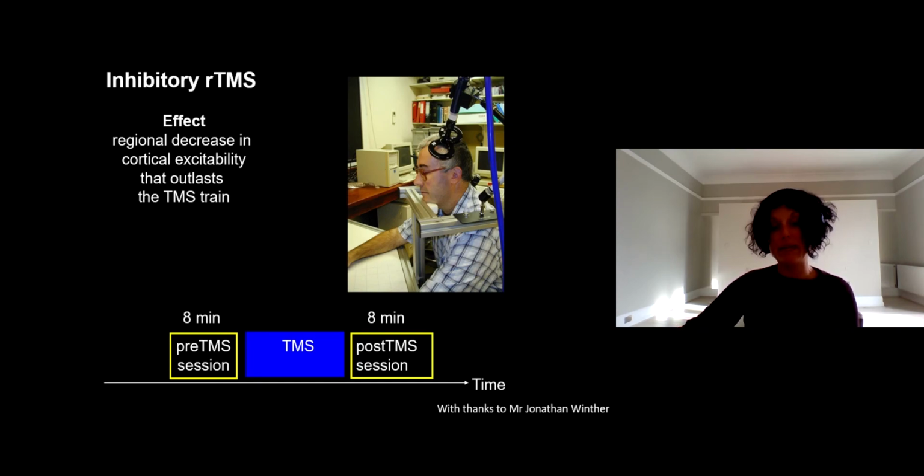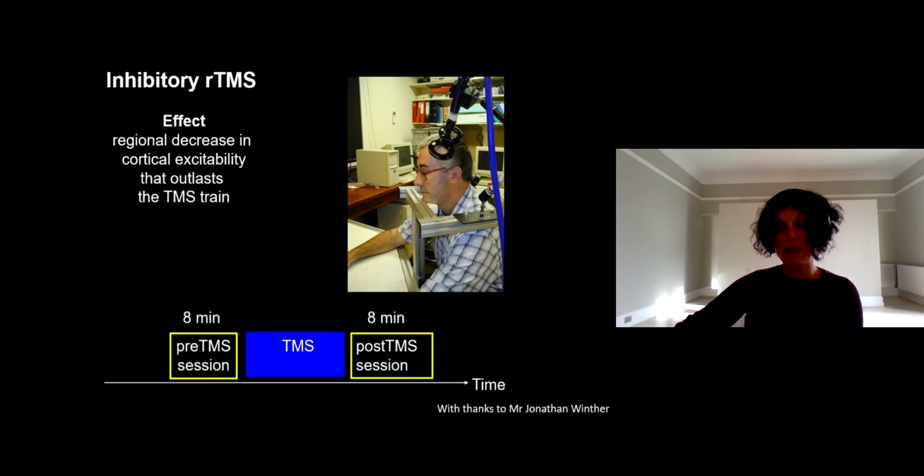The task is given twice, before and after transcranial magnetic stimulation, and we are looking at differences from the pre-TMS to the post-TMS session. And this is the setup in the Mile lab in Birmingham with my colleague Jonathan Winter assisting.